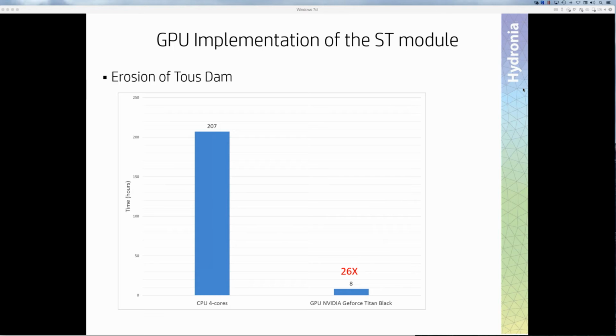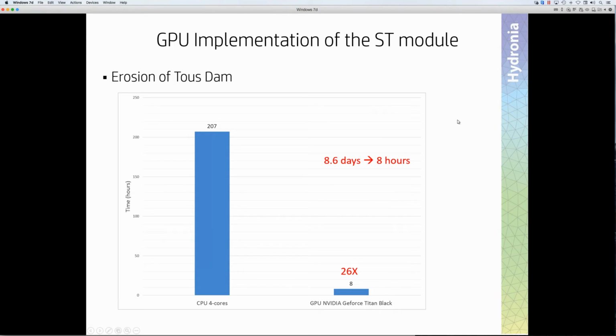And in this particular case, instead of days, we can run the same thing in hours with the GPU version. So in practical terms, this means that instead of 8 days or almost 9 days to make a run, we can complete that run in just 8 hours.